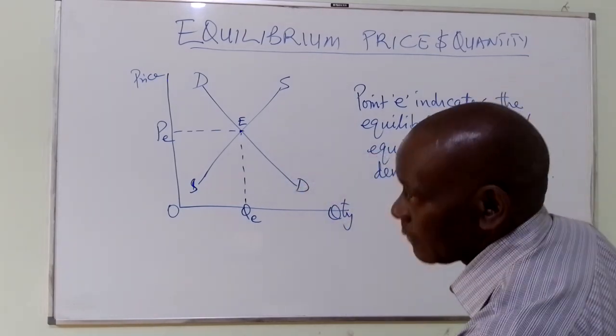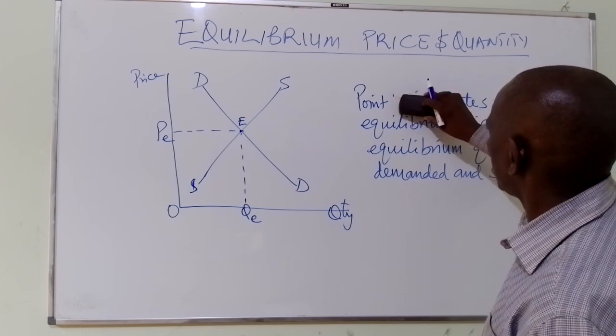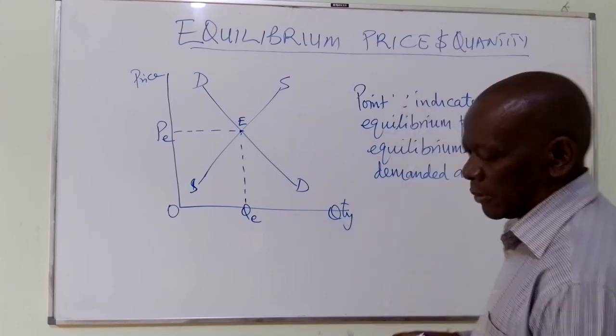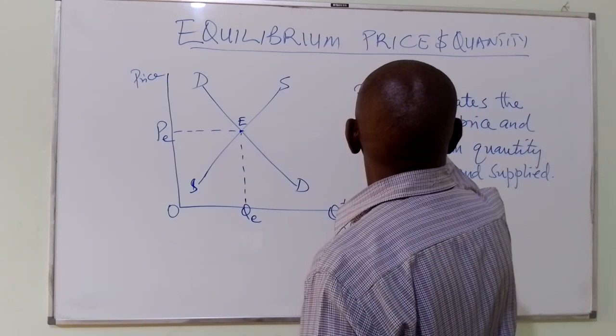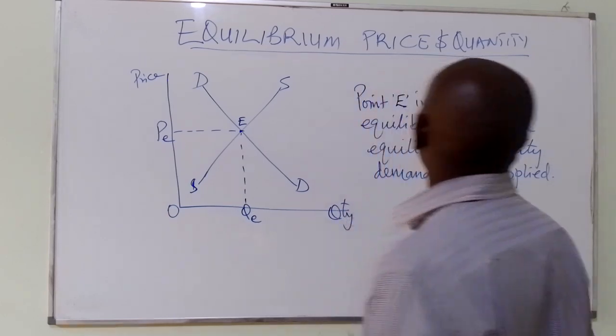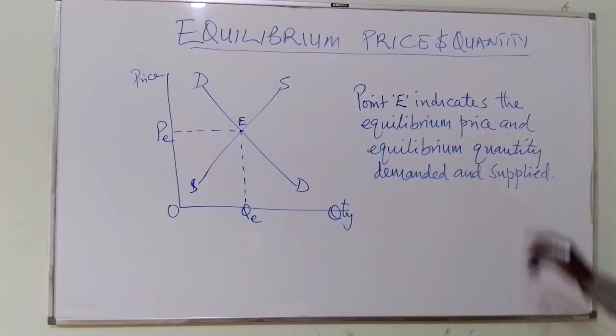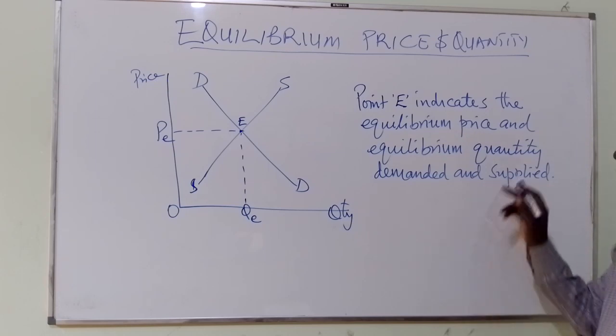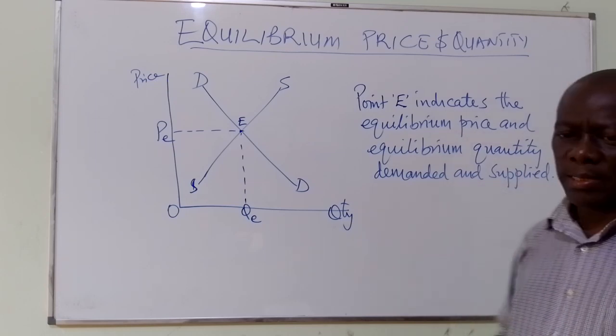Oh, I've used the capital. Point E indicates the equilibrium price and equilibrium quantity demanded and supplied.